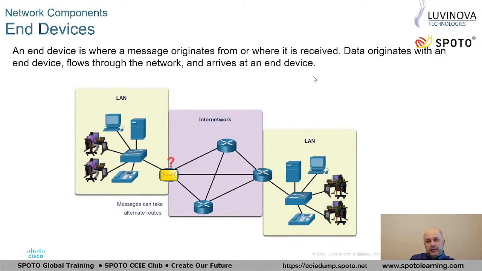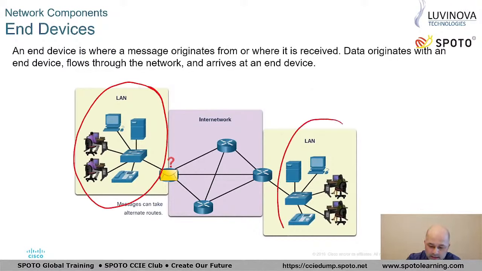End device. We talk again about how an end device is a computer which has a user behind it. So as you can see here, we have end devices in this network and we have end devices in that network. So an end device is the computer with the user behind it.